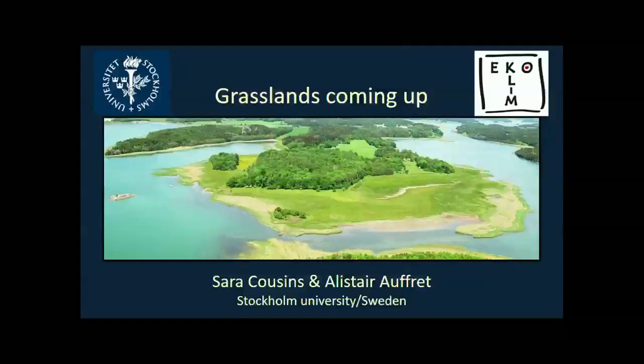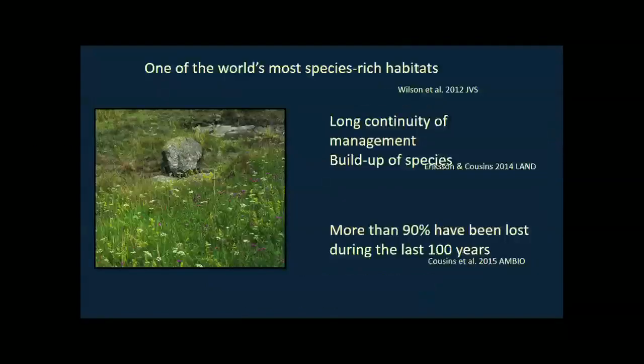So usually we use historical maps from maybe the 17th century to look at grassland changes, and we know that it's obviously one of the world's most species-rich habitats, and that a long continuity of low-intensive management had created a buildup of species.